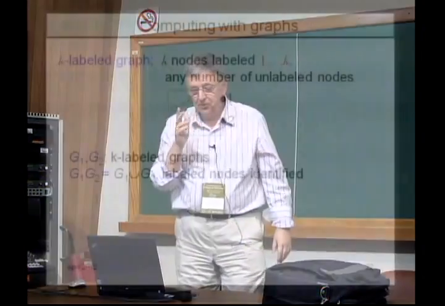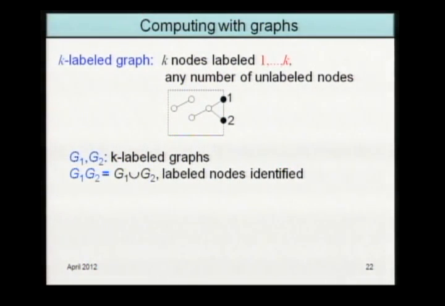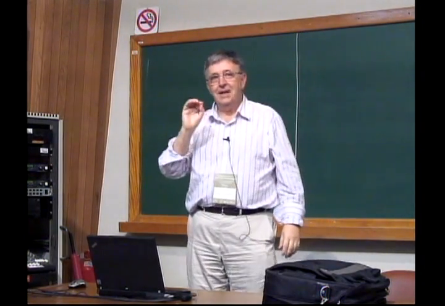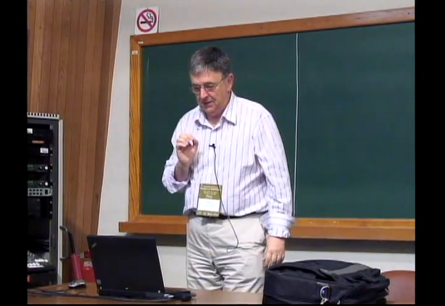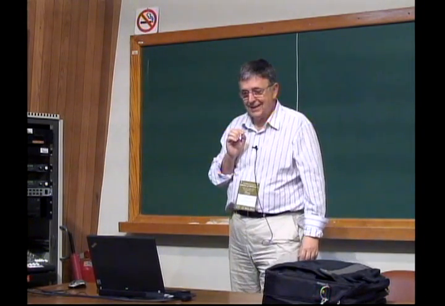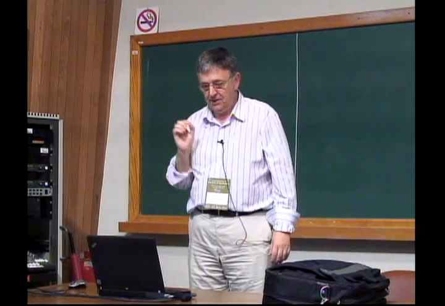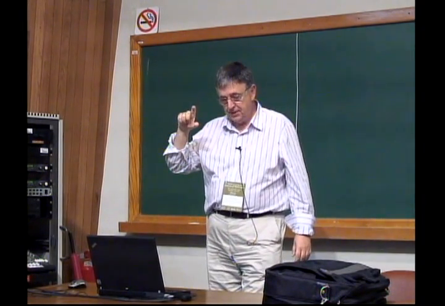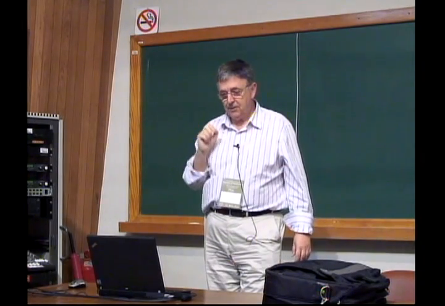Let's come back to computing with graphs. I mean, we have seen that we take linear combinations of graphs, and then we also take this, which I call the product of disjoint union. Now, we have to be a little bit trickier about this, and we consider k-labeled graphs. A k-labeled graph is a graph which has some k special nodes, which are labeled 1 through k.